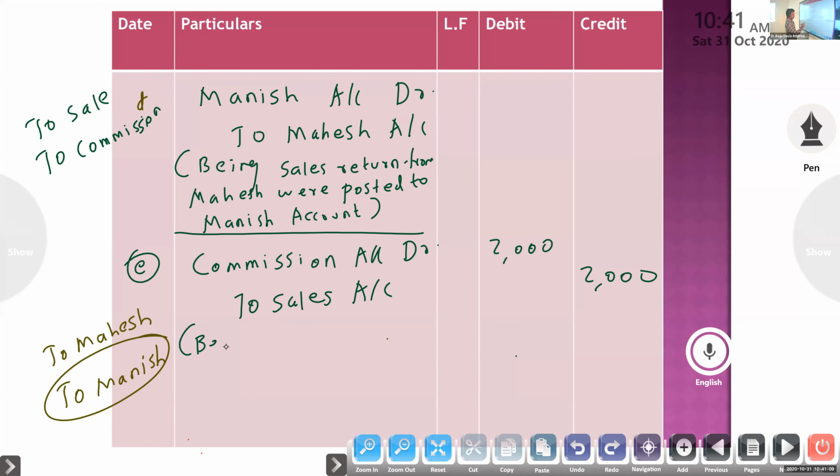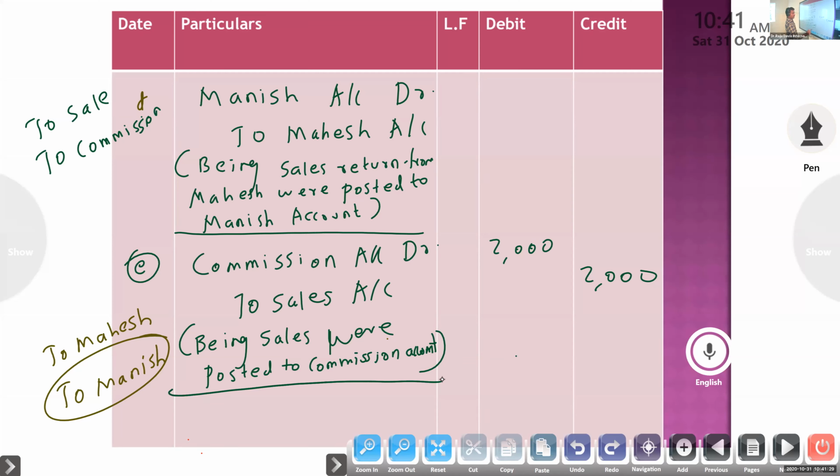Being sales were posted to commission account.